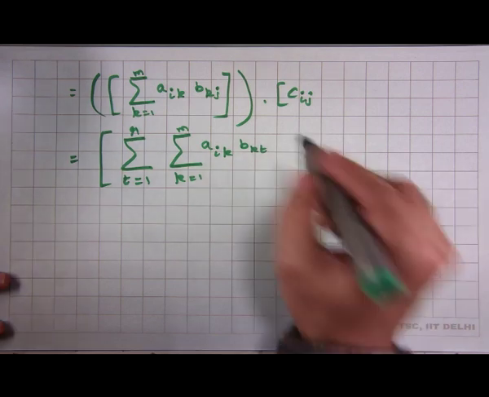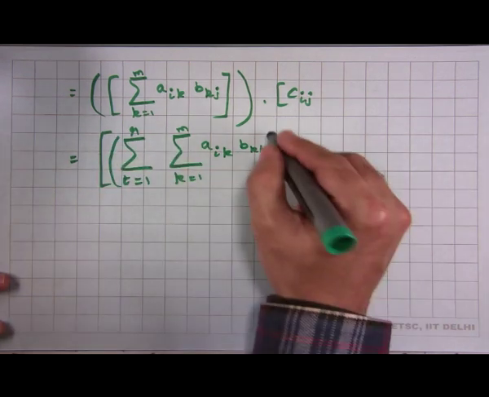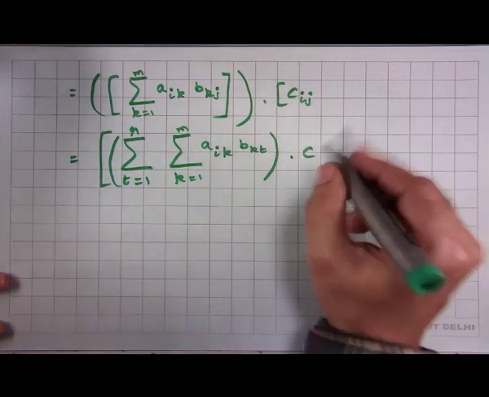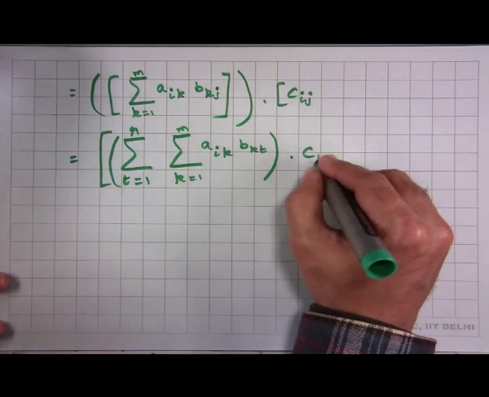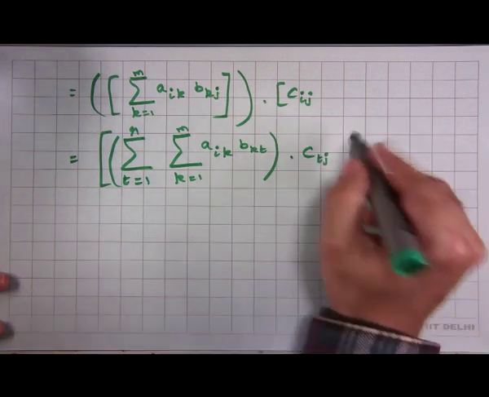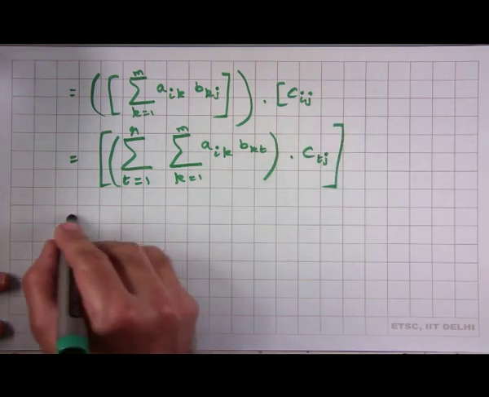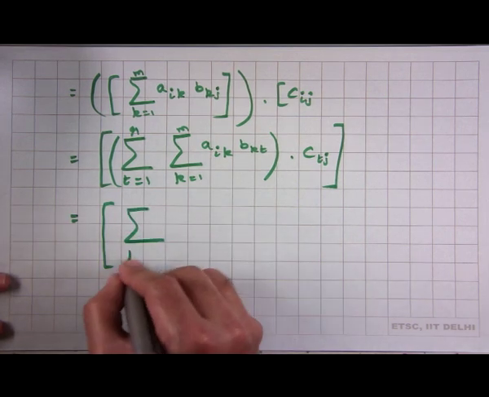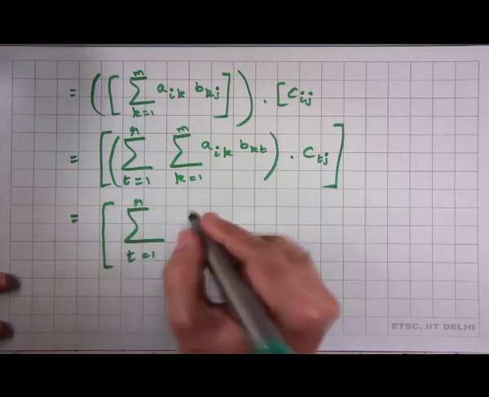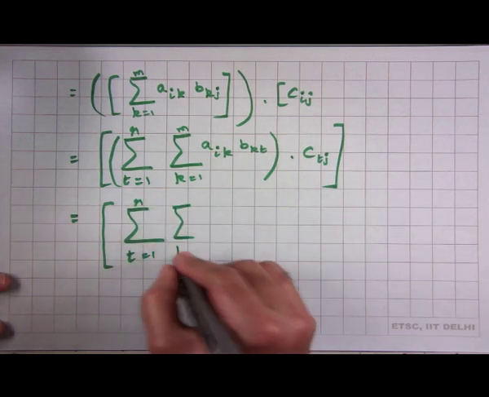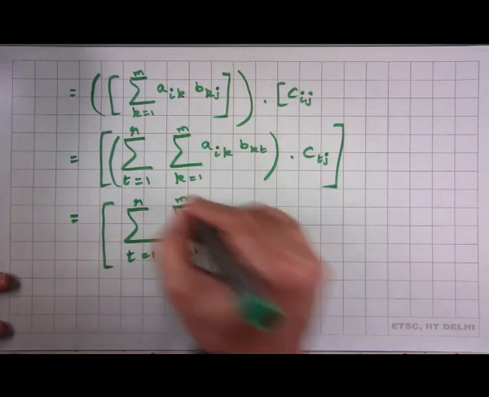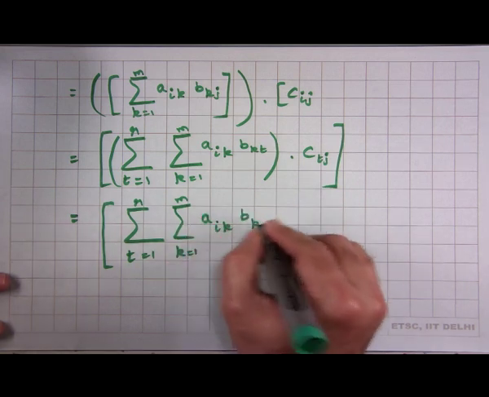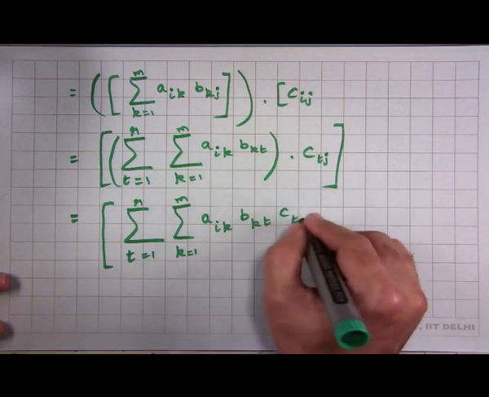This whole thing is multiplied with the tjth element of C, which is exactly Ctj. This is what I have, which is equal to summation t equal to 1 to r, summation k equal to 1 to m, Aik Bkt Ctj.